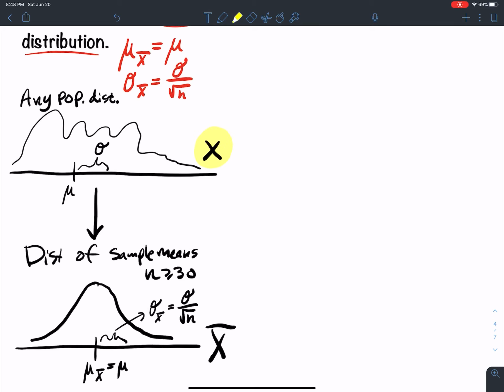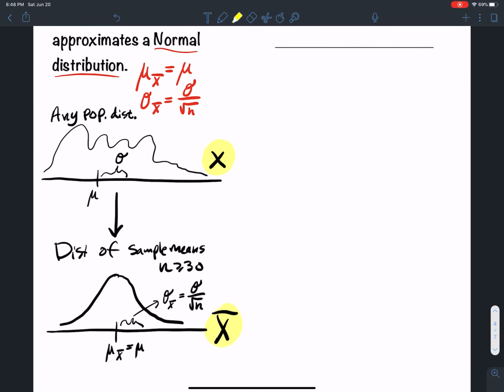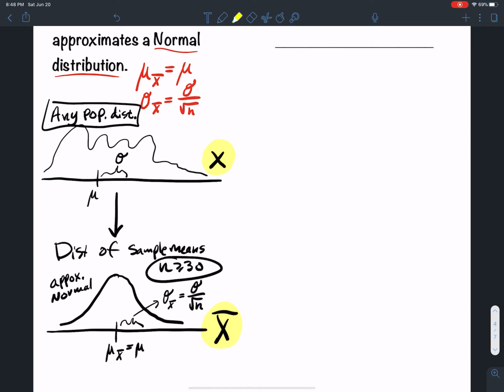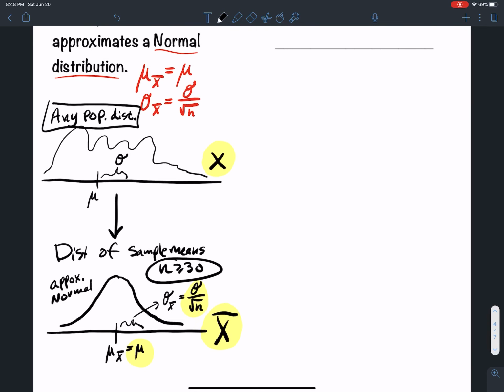So this is the distribution of values. This is the distribution of sample means. So any population, as long as n is greater than or equal to 30, is going to be approximately normal with a mean mu and a standard deviation sigma divided by the square root of n. That's what the central limit theorem promises.